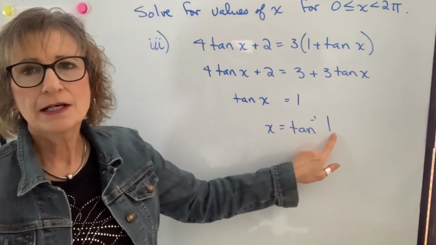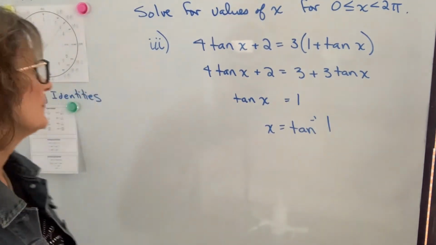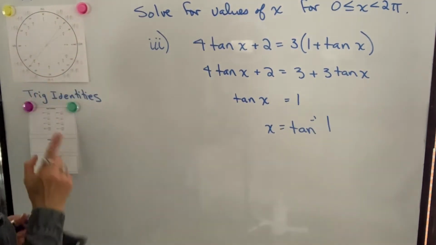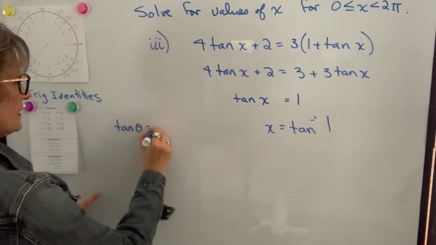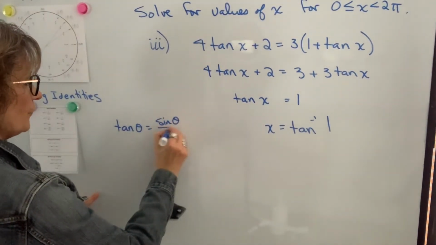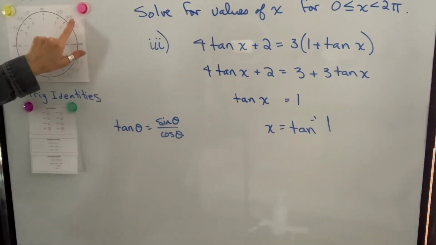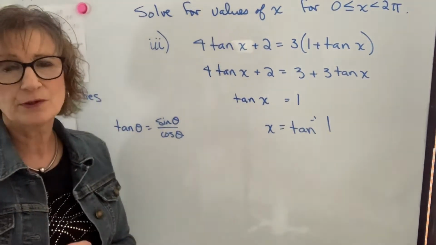You may not recognize that 1 is the tangent of a special angle because we don't have the coordinate for tangent on our unit circle. However, we do know that the tangent is equal to the sine over the cosine. We could take the second coordinate and divide by the first coordinate for all of those special angles, and that would give us the tangent value.